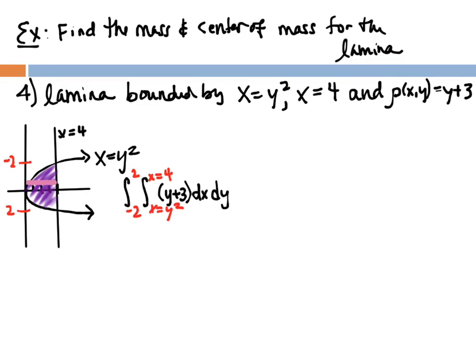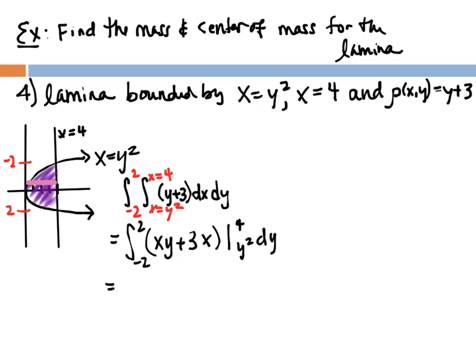All right, so picking up where we left off, we're going to find the integral of the inside function, which with respect to x would be xy plus 3x. And this is a much cleaner evaluation than the ones we had been doing before. Sorry, let me get my limits back on there, negative 2 to 2. I want to evaluate this from 4 to y squared, and it's dy now on the outside.